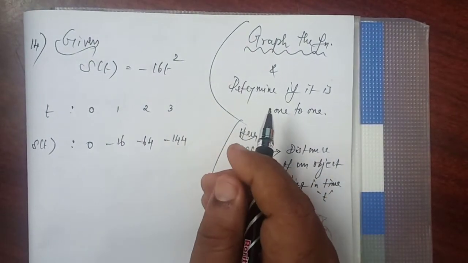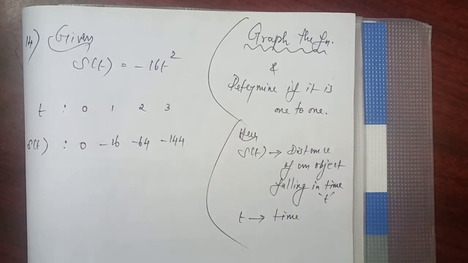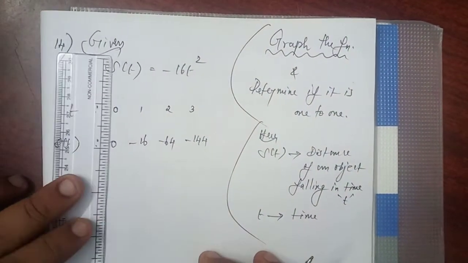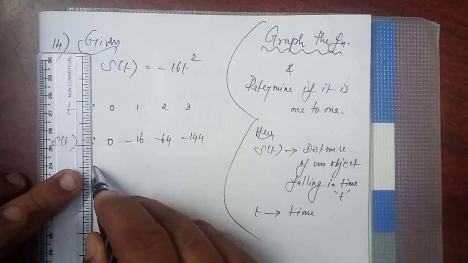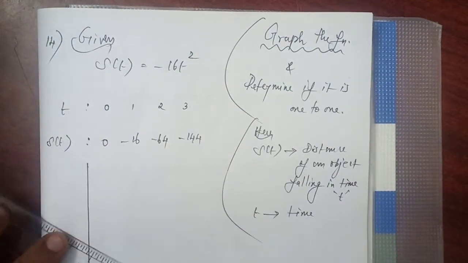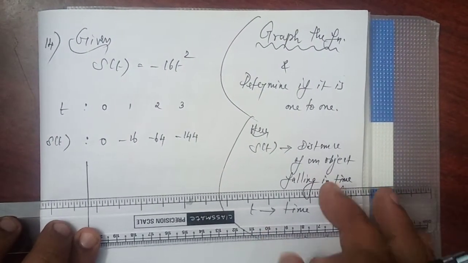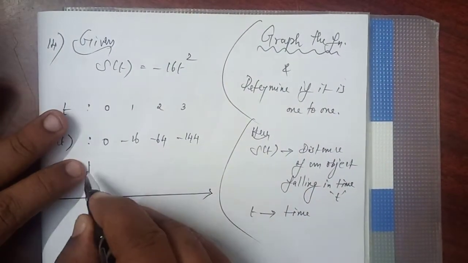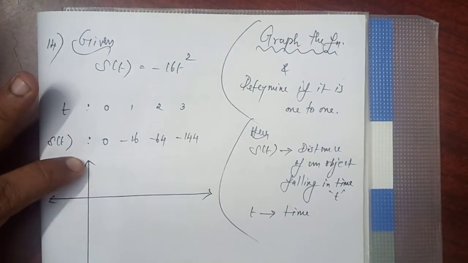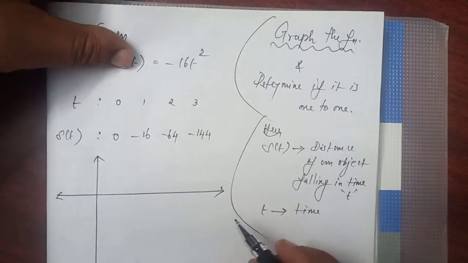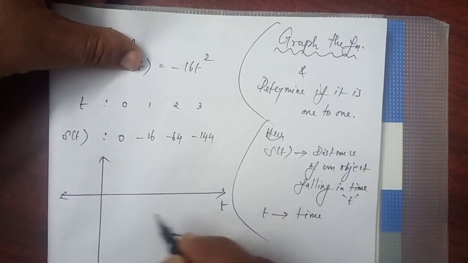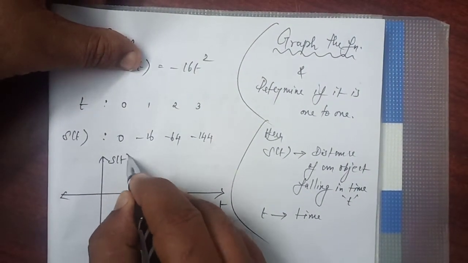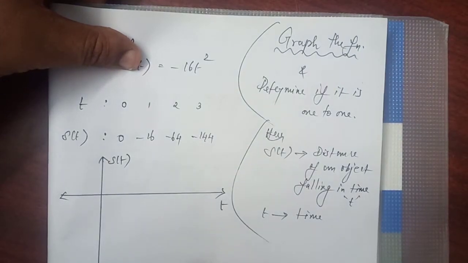Now we can graph the function. t is on the x-axis and s of t, the distance, is on the y-axis.